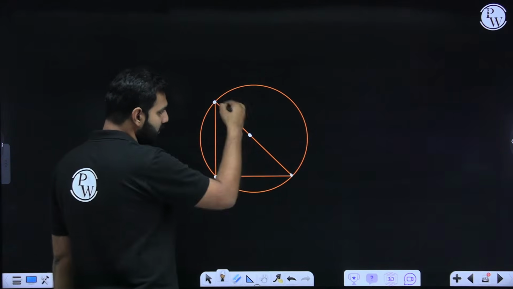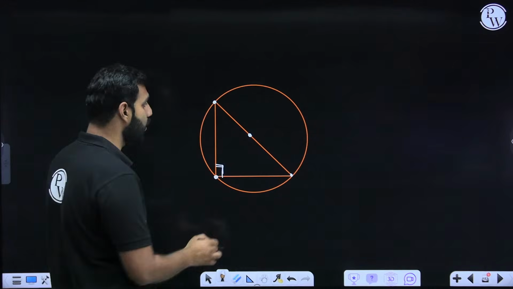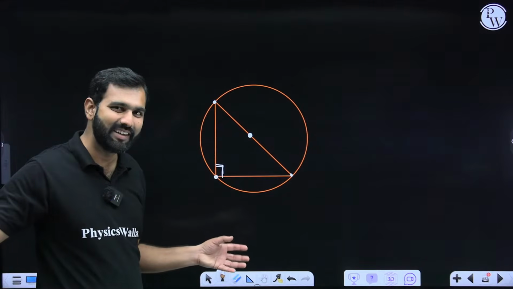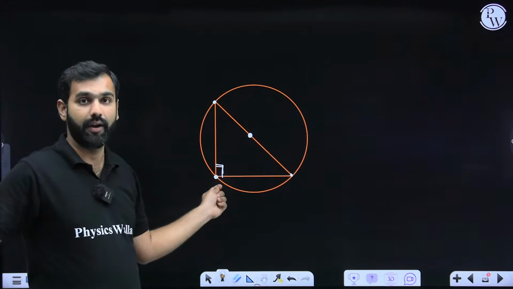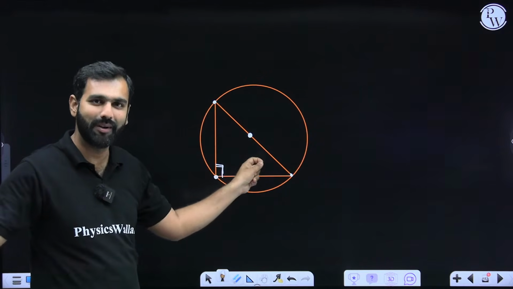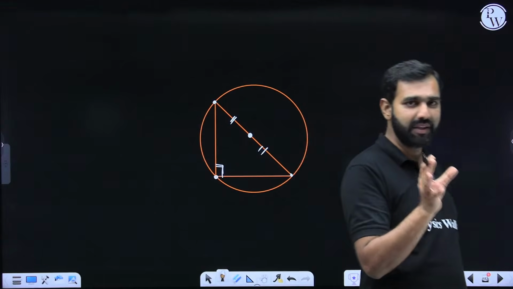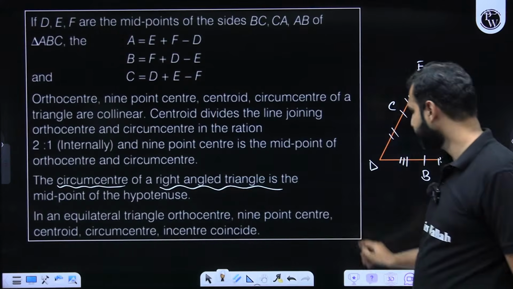If this chord subtends a 90-degree angle on the circumference, then this chord should not just be a chord but a diameter, because a diameter subtends a 90-degree angle on the circumference of the circle. So for a right angle triangle, the circumcenter is nothing but the midpoint of the hypotenuse. Don't forget that. These are some basic properties which IIT JEE uses in its questions.